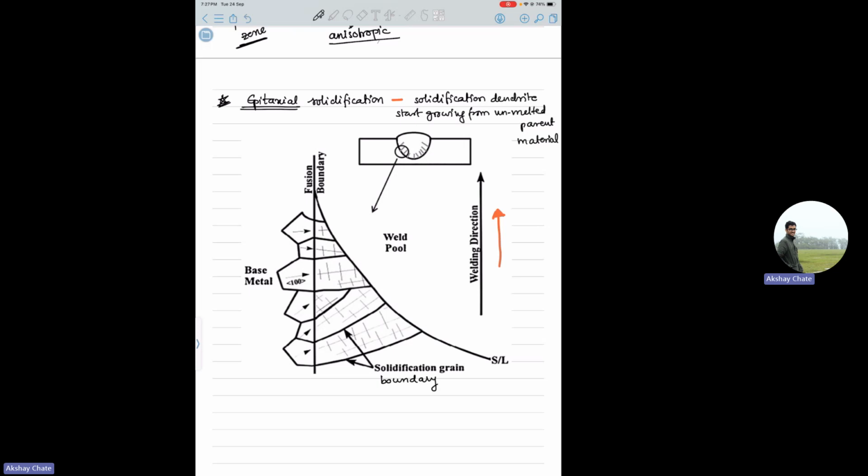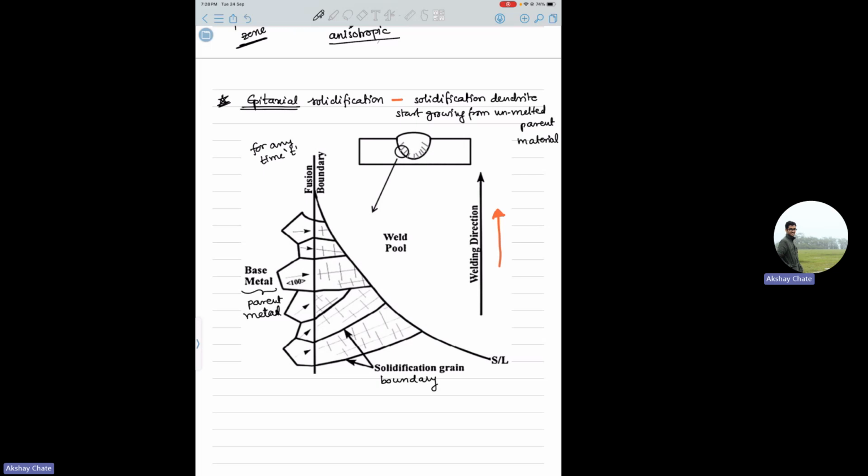So you can see this base metal that they're calling is also called parent metal. So this dendritic growth starts from these because they act as nucleation sites, and then you'll see this is not a particular category of dendrites that we have seen so far, and this is at any time t.